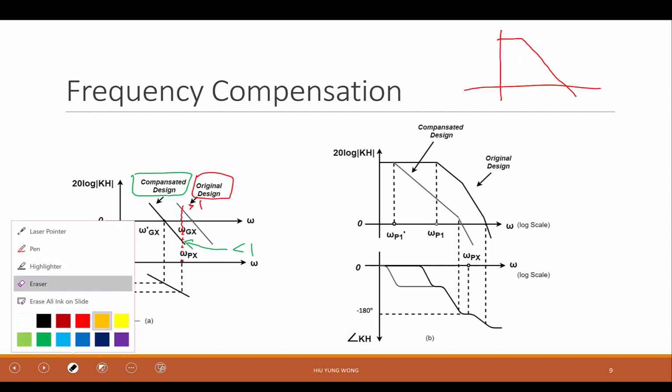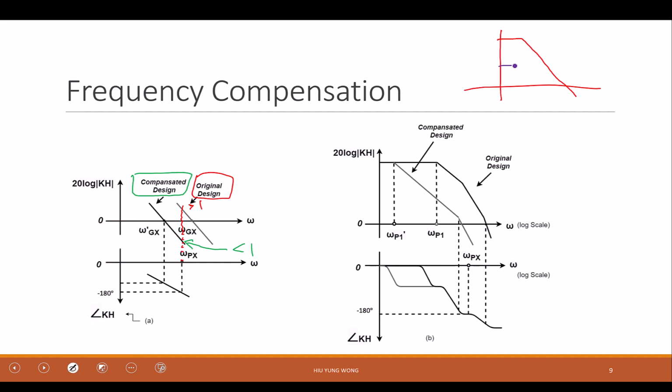What if I just reduce the DC gain? Do I move the gain crossover to the left without changing the phase crossover? Do you agree? This is a possible solution, but my gain is reduced, and that is bad, right? I just want you to think about that, okay?